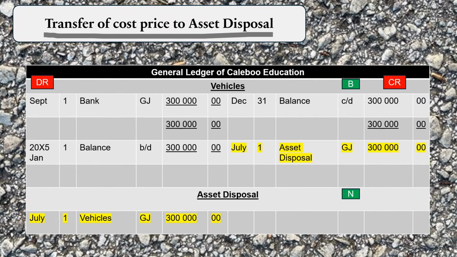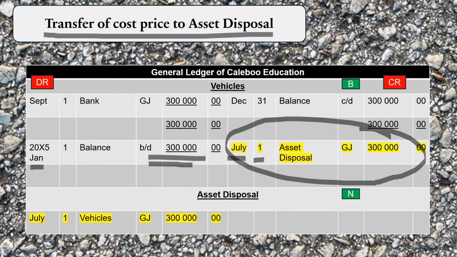And in the general ledger accounts, what has happened here now is we had a balance in the vehicles account on January the 1st. The balance brought down was 300,000. Now on July the 1st, the vehicle was sold. So the cost price through that general journal was transferred to asset disposal.